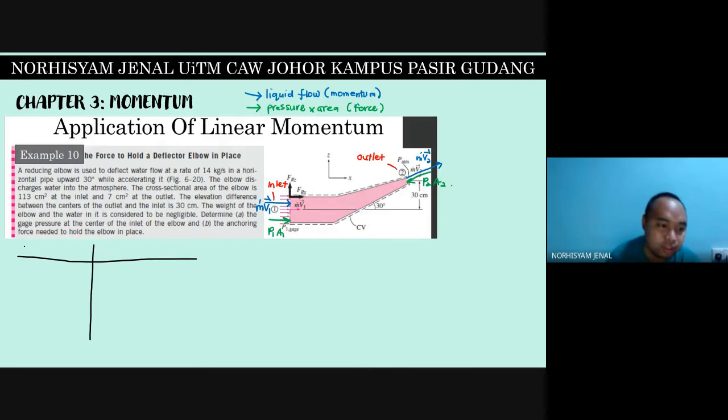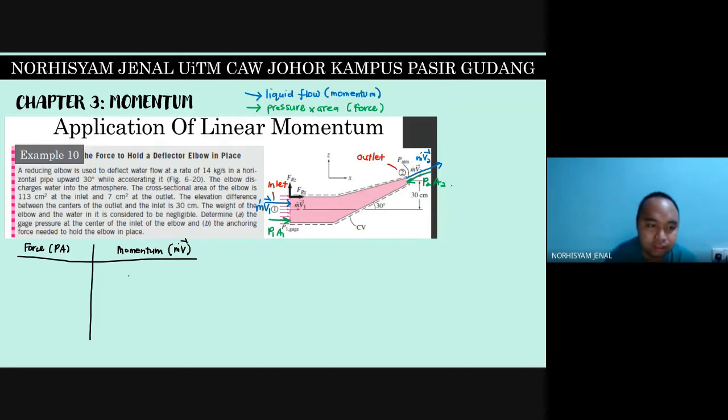The table on the left is called force. Table on the right we'll call momentum. Force over here is in terms of P times A. Momentum over here is in terms of mass flow rate times V.